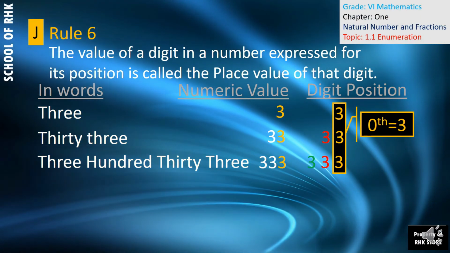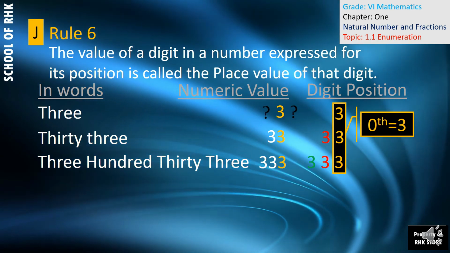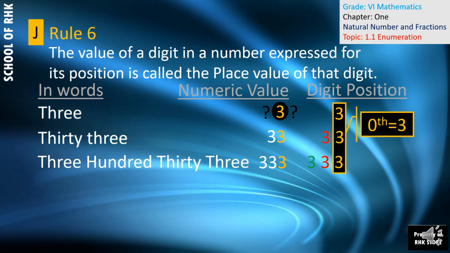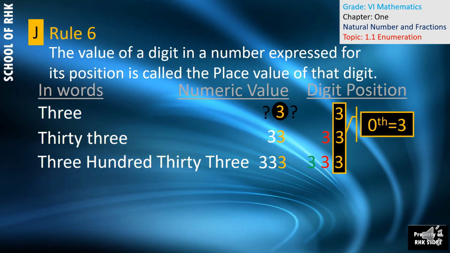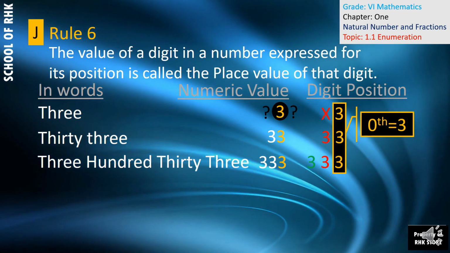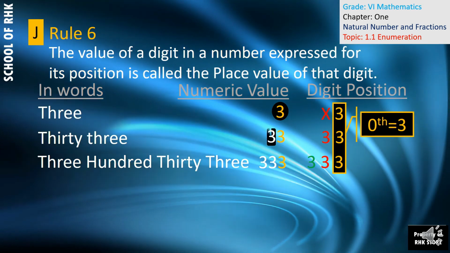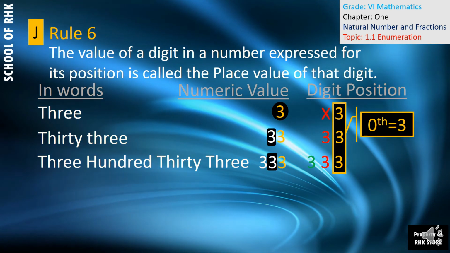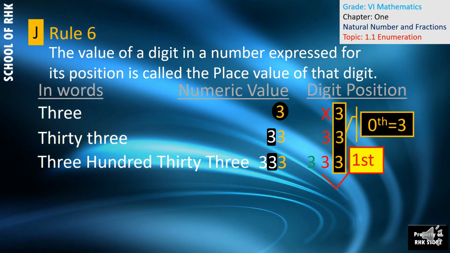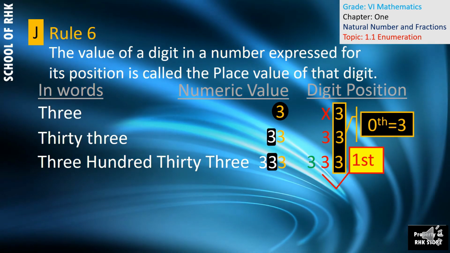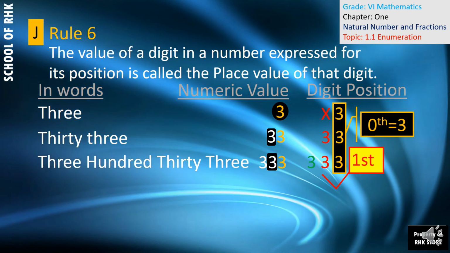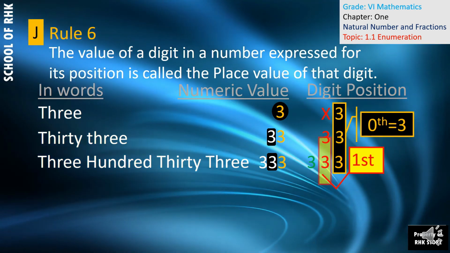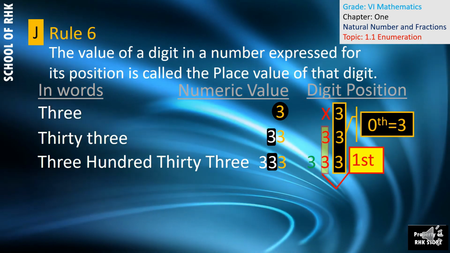Since there is no other digit to the left of the number 3, there is no digit next to the left of the 0th position. Now the numbers 33 and 333 have digits next to the left of the 0th, or the first position from the right to the left. These two 3's in the first place are marked in red color and enclosed with a red colored box.